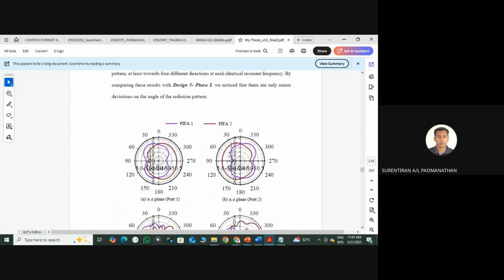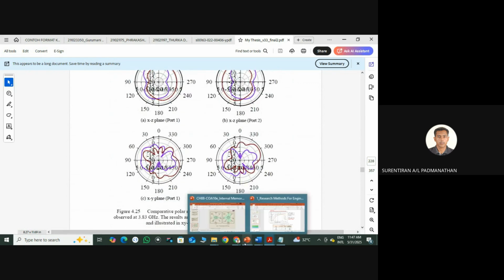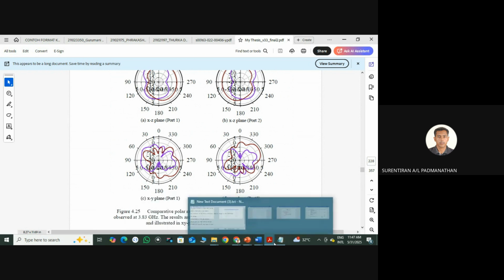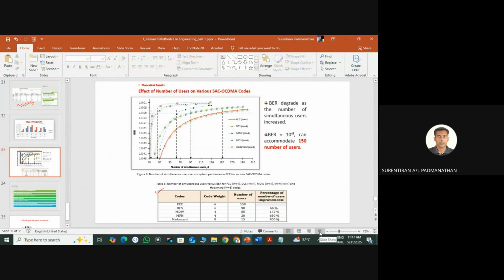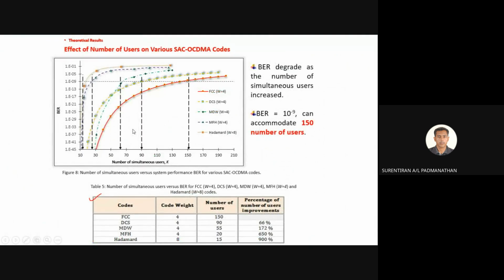Okay, so while you do your project, you have to make sure what kind of tools and what kind of graphs are suitable for it. You have to identify this from the beginning itself when you do the methodology. That's why planning for your project is very important.